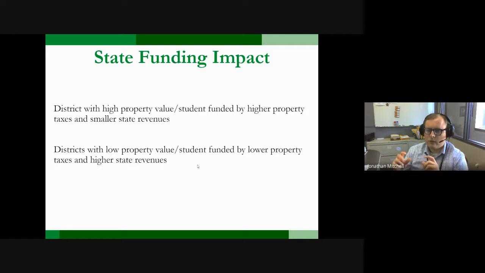So this really gets to the community's ability to pay through local property taxes being evaluated based on how much property value there is per student. That's the main way in the current state funding formula for K 12 schools that the state is ranking one community versus the other in their ability to pay.